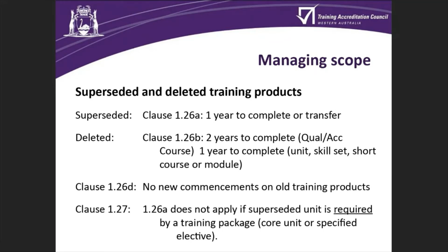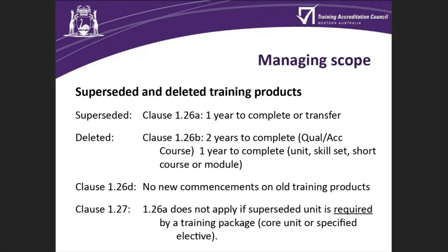And clause 127 makes it clear that if a unit of competency is deleted or superseded, but it is required by another training package, maybe it's a core unit or it could be a specified elective, so the word required is important here.